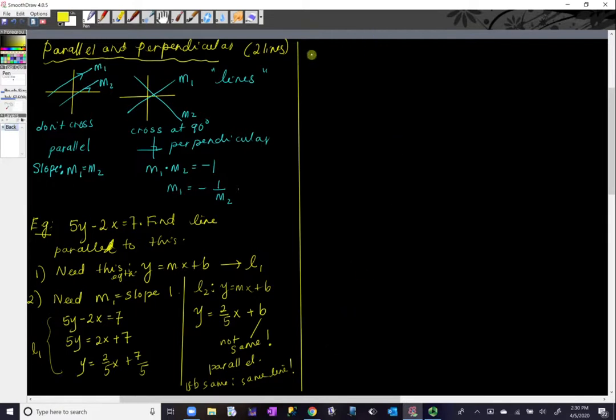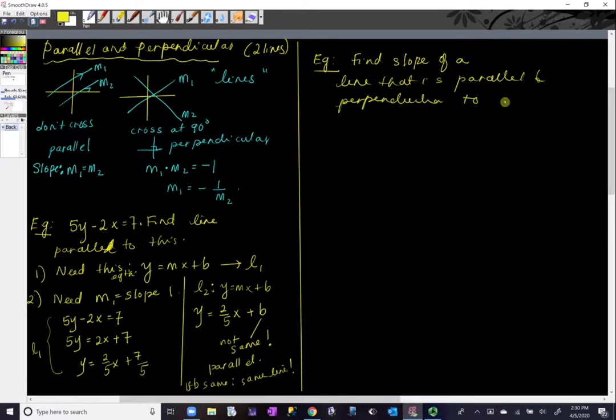So let's say another thing. Example 2. This time what I want is to find the slope of a line that is parallel and perpendicular to this equation, 3x minus 4y equals 2.